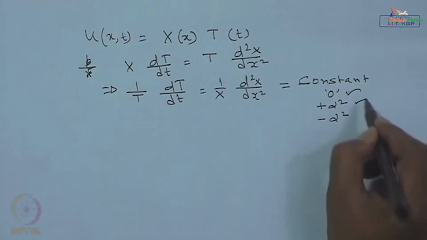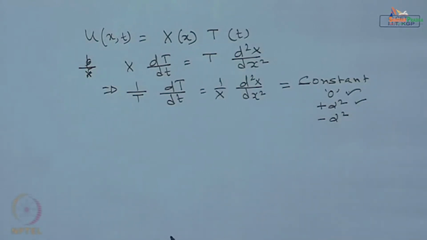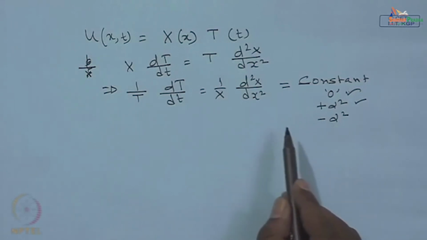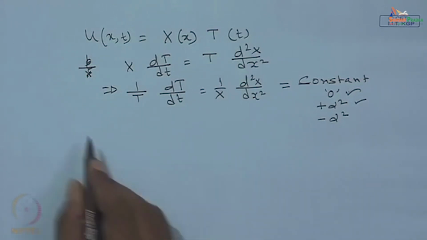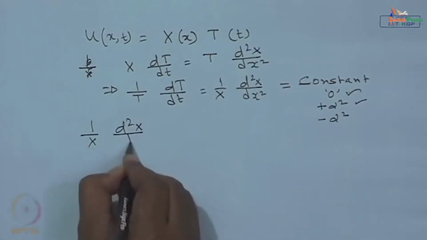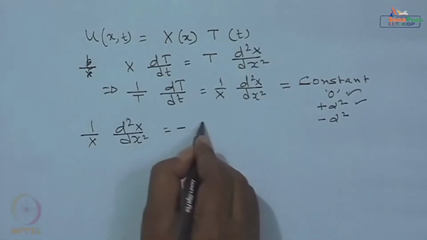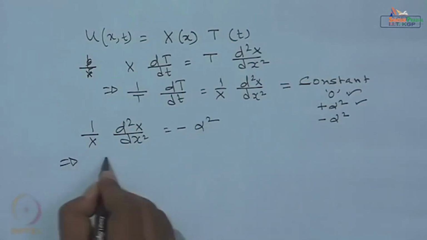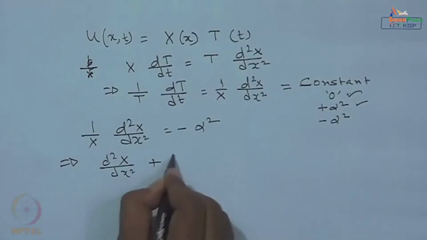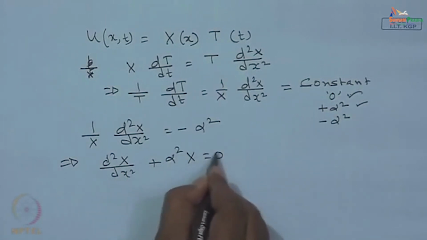For positive also it will be giving a trivial solution, but if it is minus alpha square, negative, then it will be giving a non trivial solution. So, let us do that. So, 1 over X d square X/dx square is equal to minus alpha square. So, you will be having d square X/dx square plus alpha square X is equal to 0.